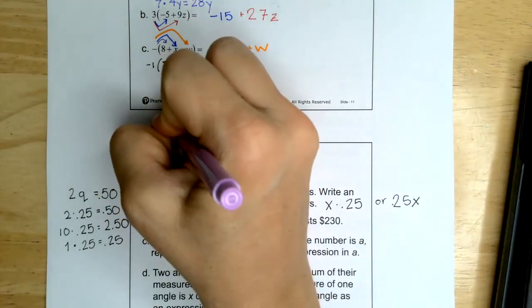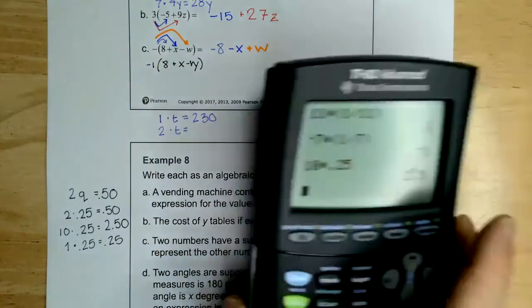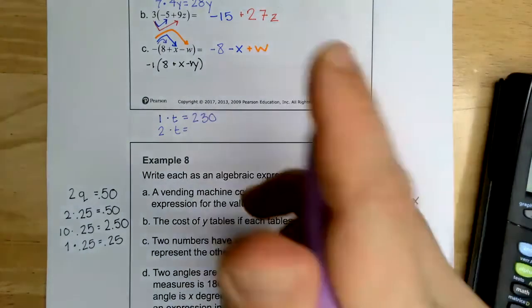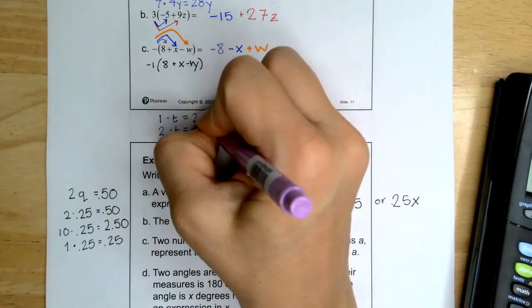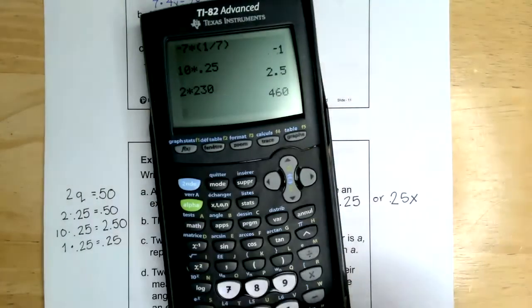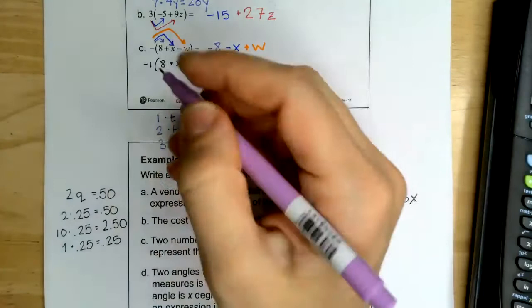If I had 2 tables, it would cost $460, right? If I had 3 tables, it would cost $690.